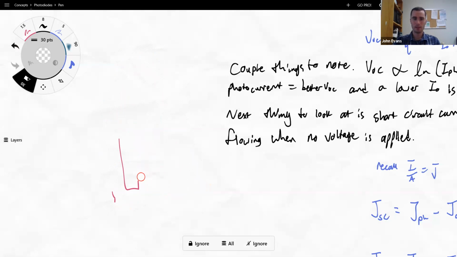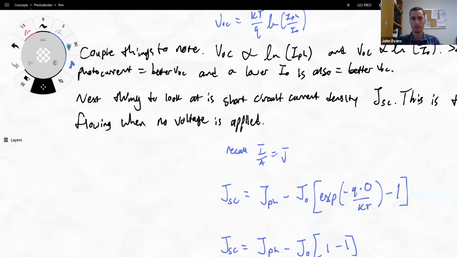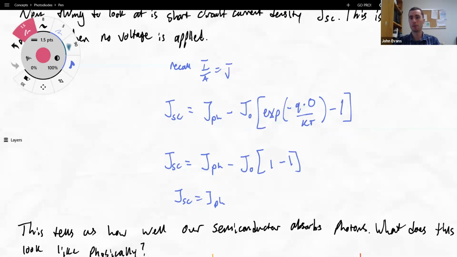All right, so this parameter happens when the applied voltage is 0. So if we plug this into the equation, we're going to just get the photocurrent minus the dark saturation current density multiplied by exponential of this, which is just going to be exponential of 0 because our voltage is 0, minus 1, which exponential of 0 is 1. So we have 1 minus 1, which is 0.